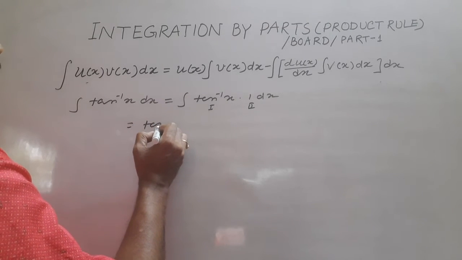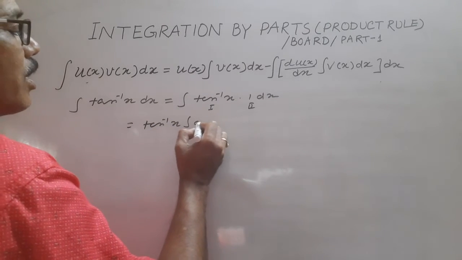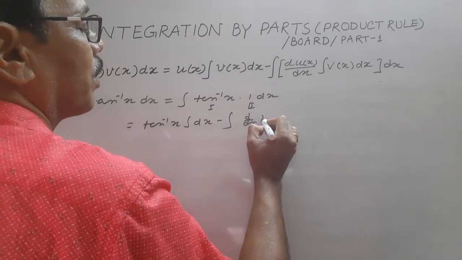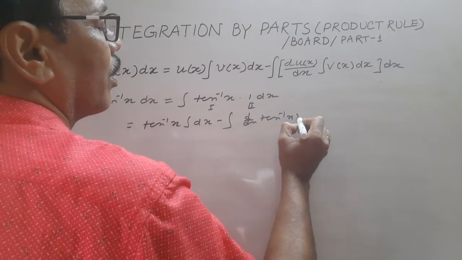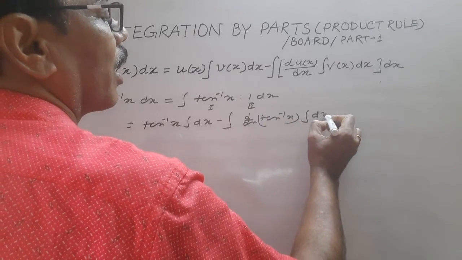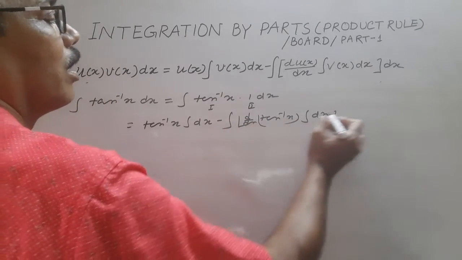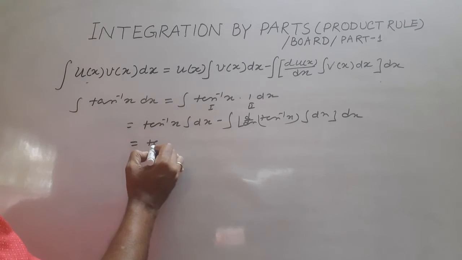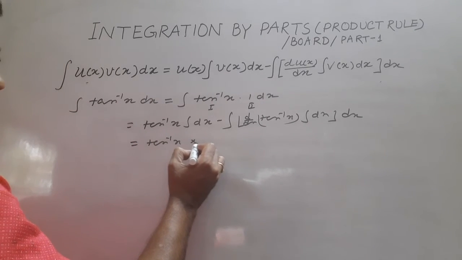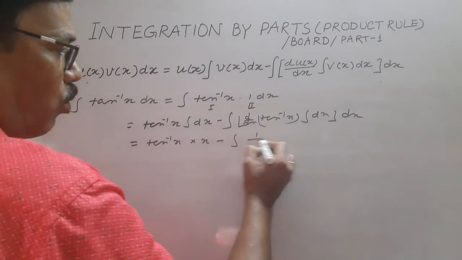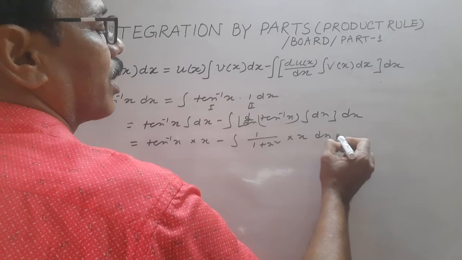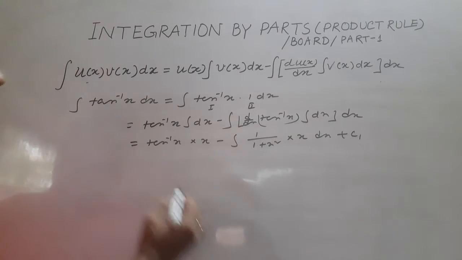So tan inverse x unchanged, integration dx, minus d/dx of tan inverse x, integration dx, total dx. So tan inverse x into x minus integral of 1 by 1 plus x square into x dx plus c1.